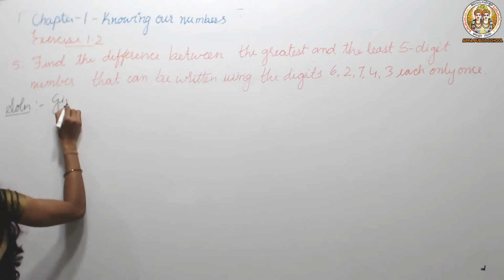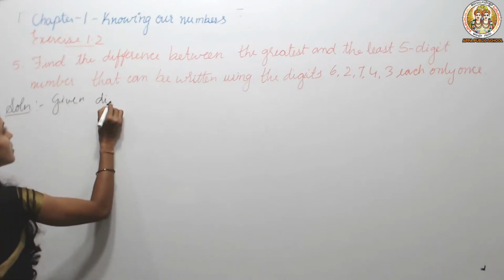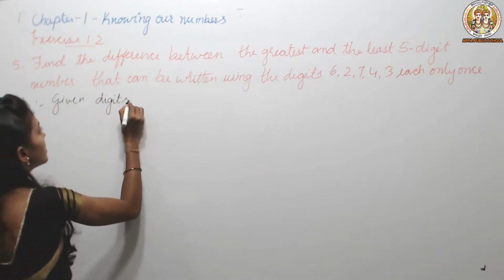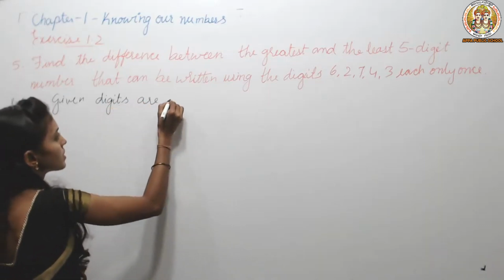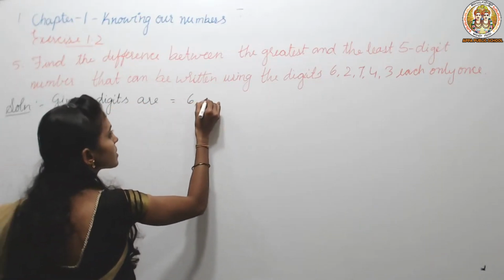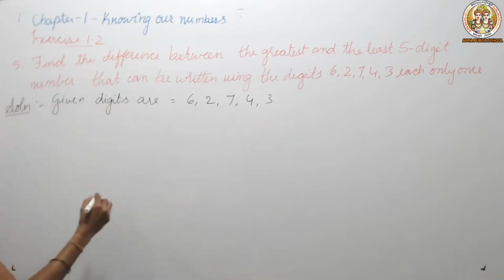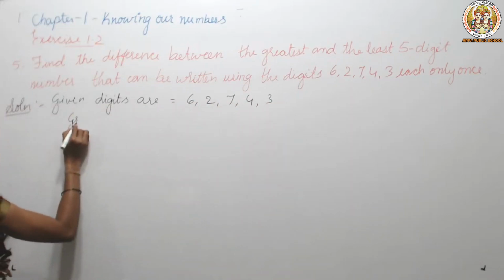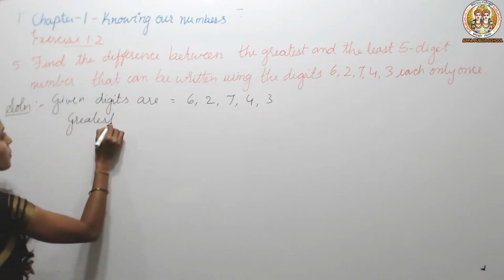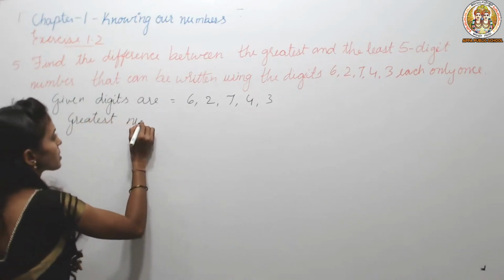Given digits are 6, 2, 7, 4, 3. Now, greatest number using those digits.